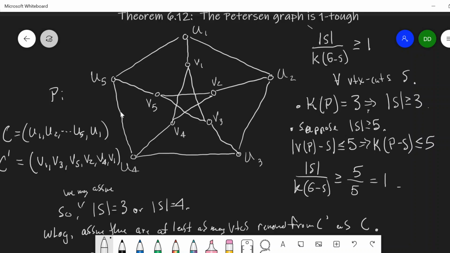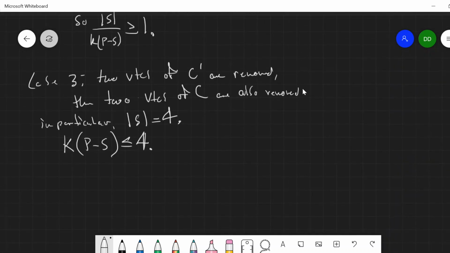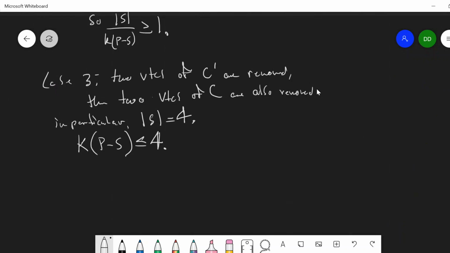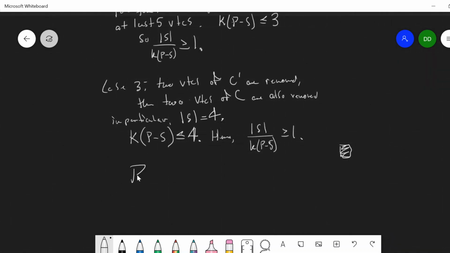Maybe they're each in their own component, but that's still just a total of 4 components at most that would be left over. And so it's true that the number of components in P minus S would be at most 4. Hence, this ratio would be at least 1. So in any case, this ratio is at least 1, and so P is 1-tough.